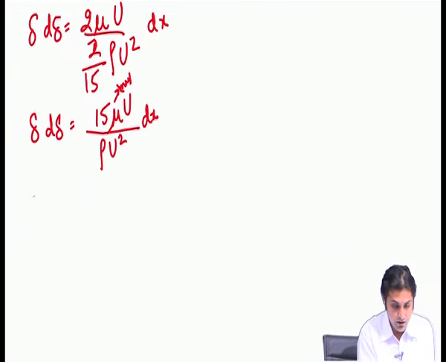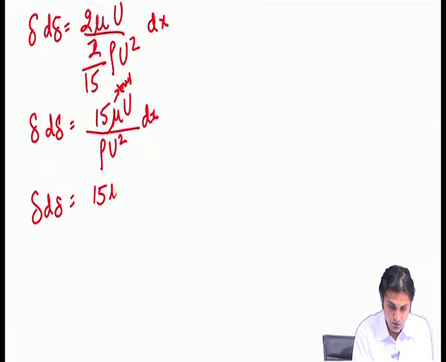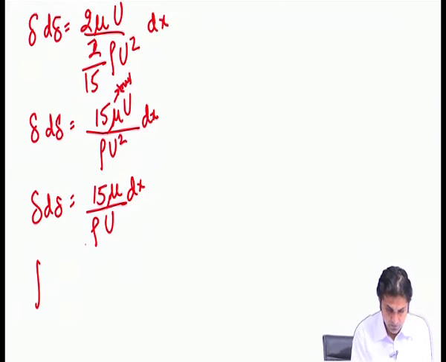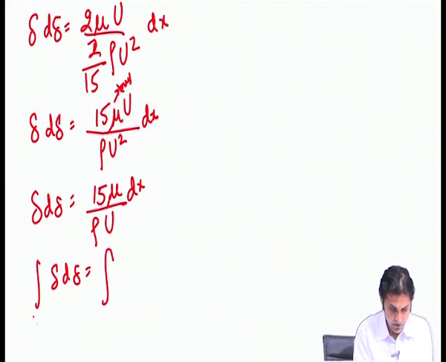Or delta d delta, so it will be 15 mu by rho capital U dx, and then we can integrate delta from 0 to delta, and x from 0 to x.